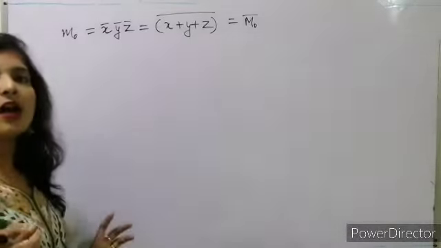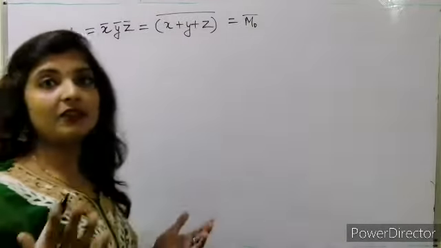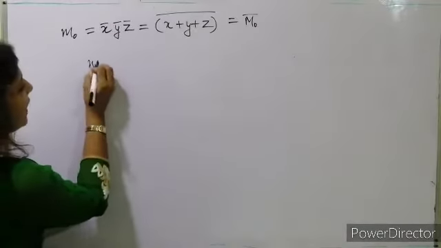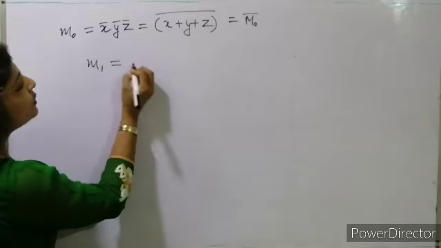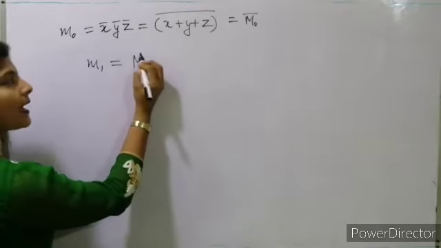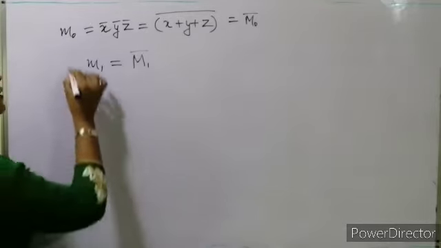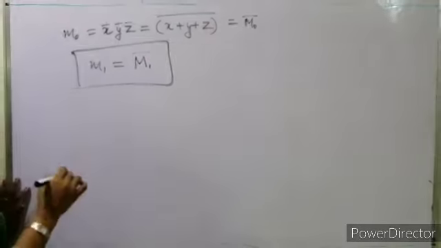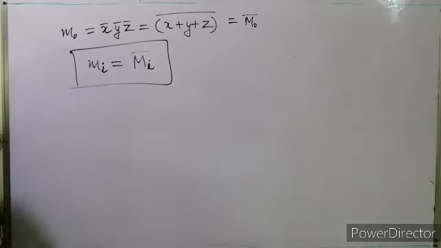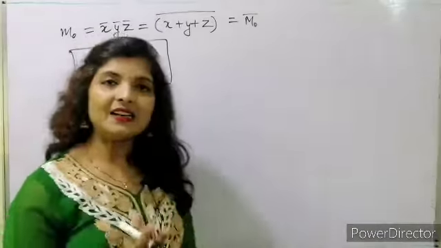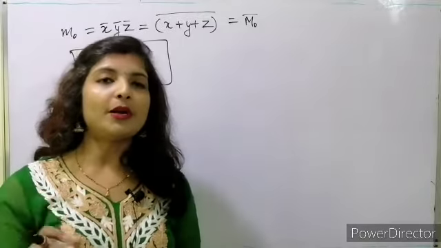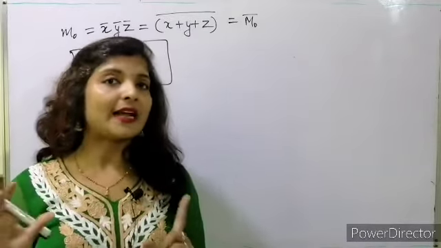So basically how we can convert a min term into max term: if small m1 is given, then it is capital M1 bar, so it will be Mi bar. So small m7 min term is equal to complement of capital M7 max term.